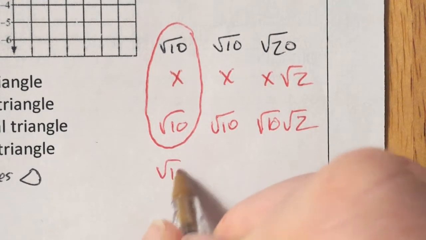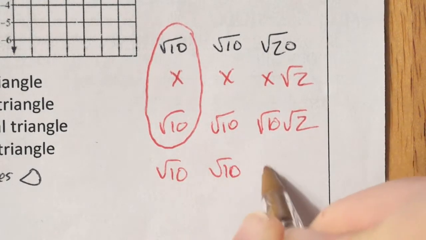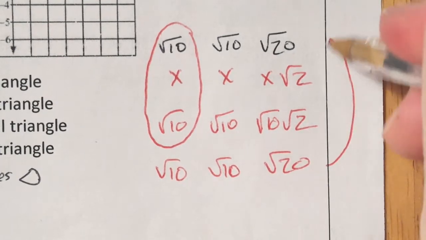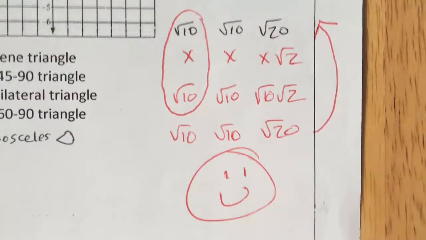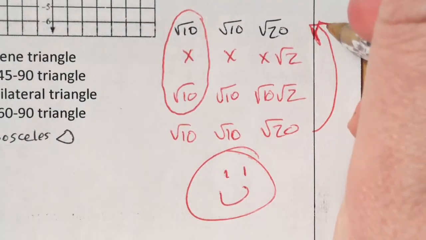So that would be radical 10, radical 10, and radical 20. And is that what we have? Yes, it is. That is exactly what we have right here.